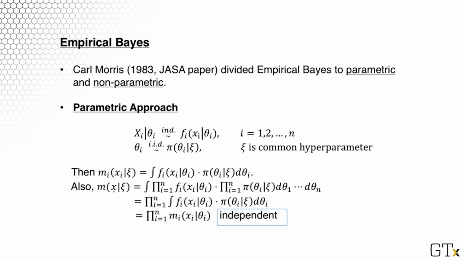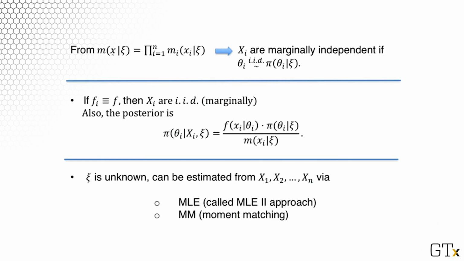So the marginal for all data is the product of the marginals for the individual cases, which essentially means that these x's are independent. The distribution of x_1 up to x_n splits into the product of individual distributions, and that is the definition of independence. This is essentially repeated at the top of the page: the marginal for all data is the product of the marginals for the individual data.